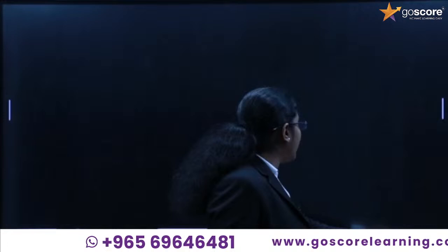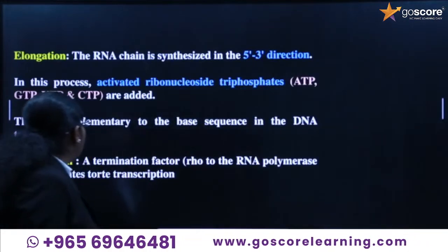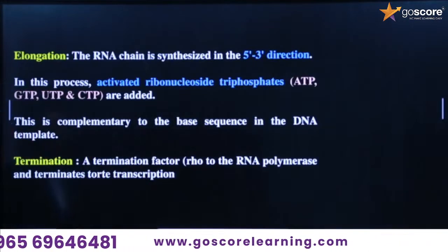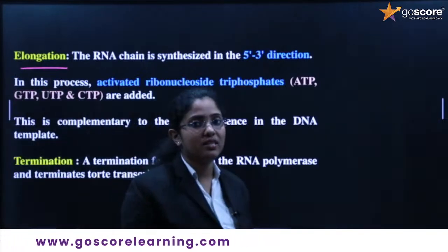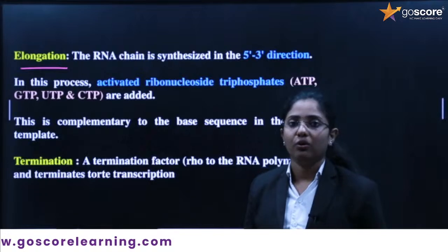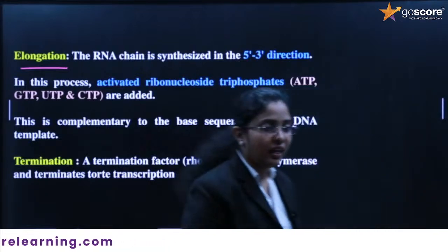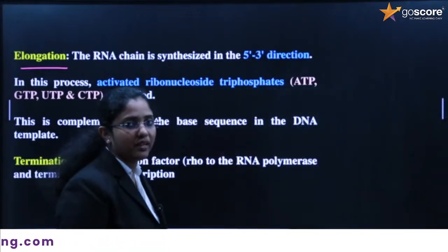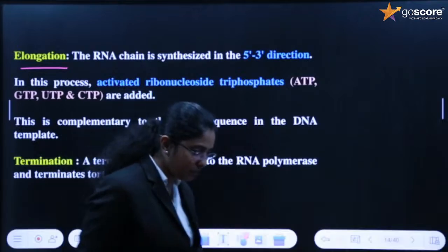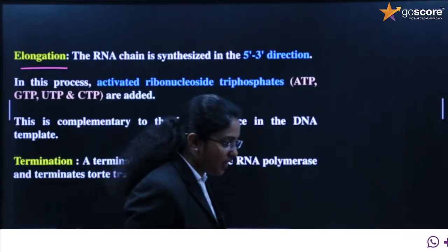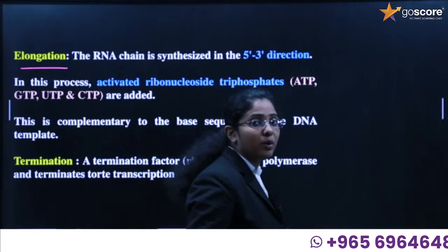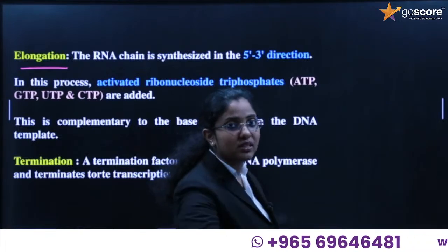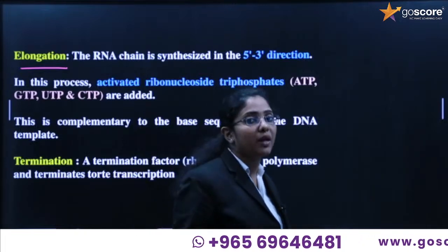The next step is elongation. What is elongation? You know, right? I told you that if this is the promoter site, the sigma factor comes and binds. Then it always moves from 3 prime to 5 prime, so that the synthesis is always in the 5 prime to 3 prime direction.